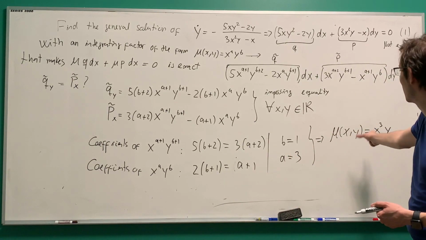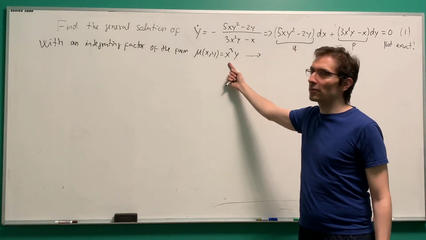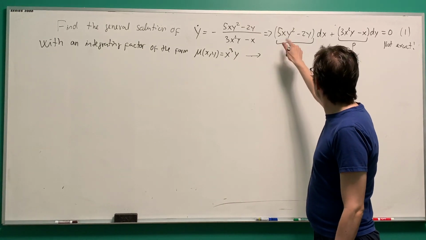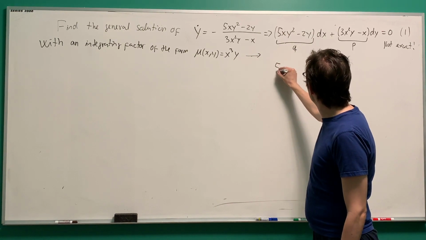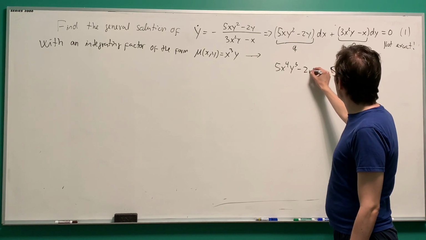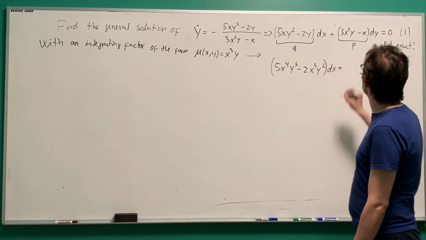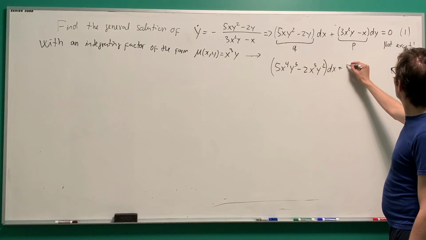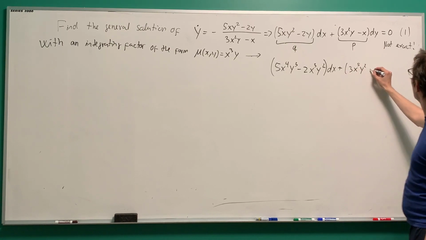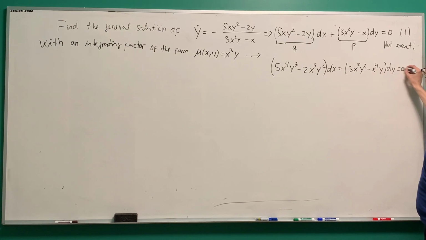So let's erase the board and transport this integrating factor here. Now with the values substituted for a and b, we multiply and we get, after multiplication, 5x to the power 4 y cubed minus 2x to the power 3 y to the power 2 dx plus 3x to the power 5 y squared minus x to the power 4 y dy equals 0.